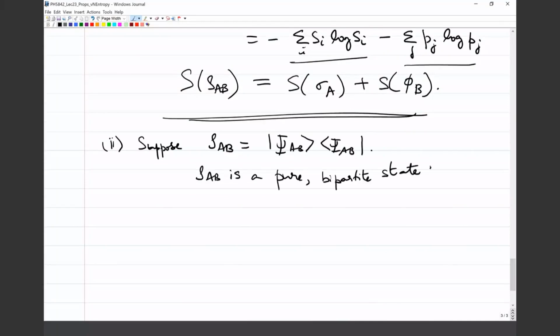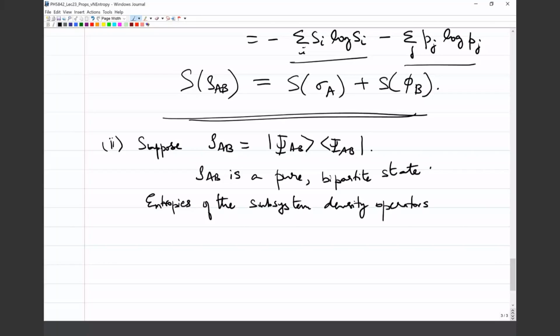Then what can we say about the entropies of the subsystem density operators? Yes? Anybody?